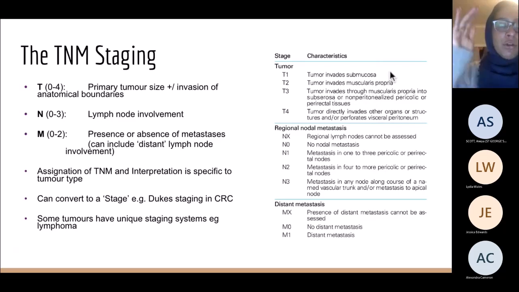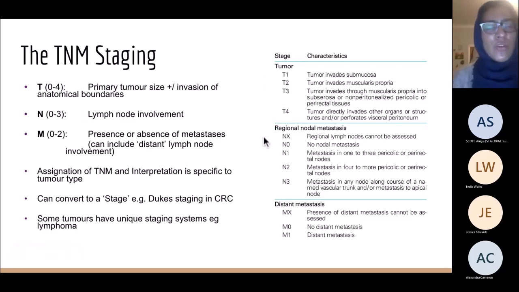Essentially, it's going through how far the tumor has invaded into the tissue. T1 invades into the submucosa, so that's still quite peripheral. And then as you go further down, it essentially invades more into the neighboring structures. And so T4 is the last stage in the tumor size and invasion.